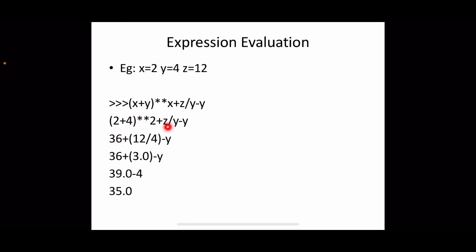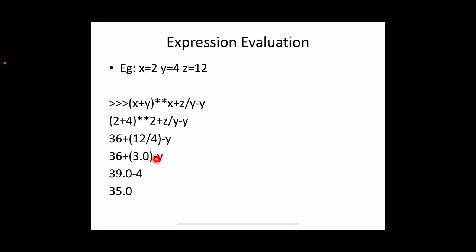Then next we have plus, division and minus, right? Among those, division has the highest precedence, so that should be evaluated next. That is 12 by 4. z is 12 and y is 4. 12 by 4, that is 3.0. Division is always floating point, so 3.0. Then we have three values and two operators.